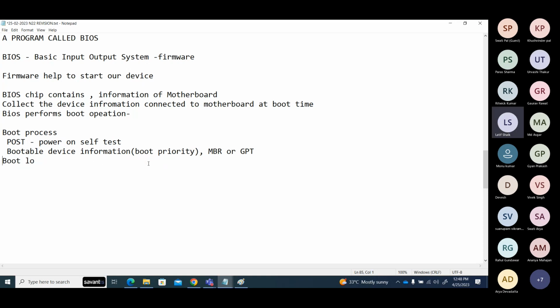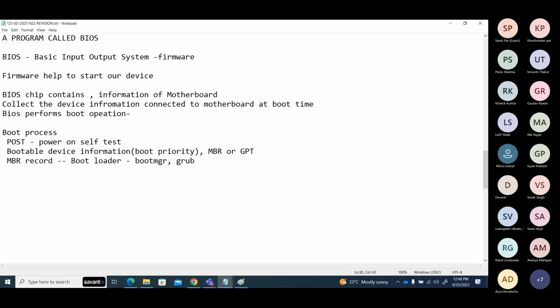The MBR and GPT records will tell you where the bootloader is. Boot manager, bootloader. GRUB, for example, is a bootloader for Linux.